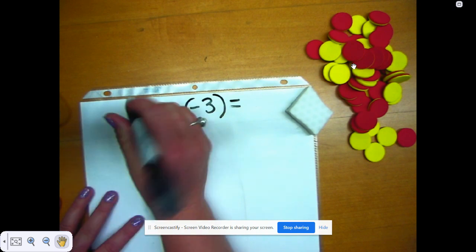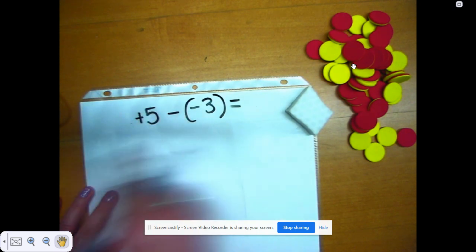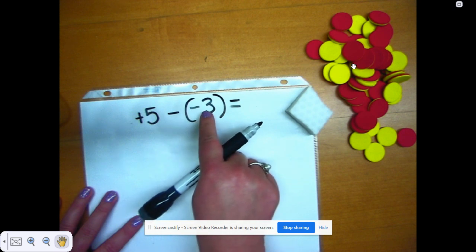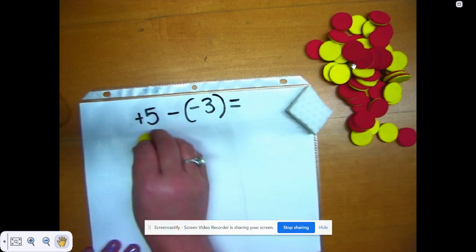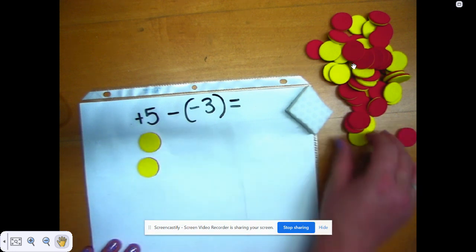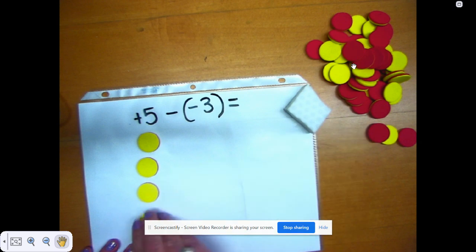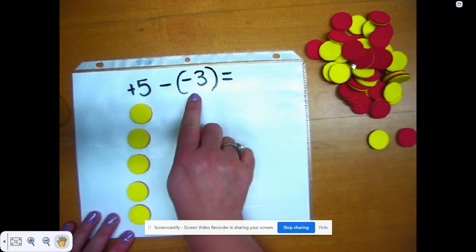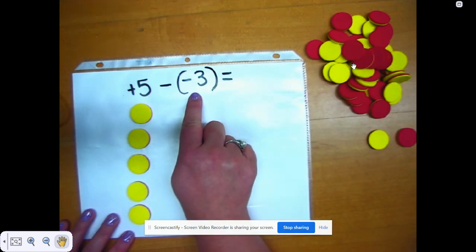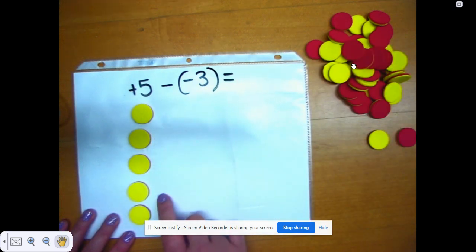This says positive 5 minus negative 3. So let's model that. If I have positive 5 and it wants me to take away 3 negatives, I don't have any negatives, do I? There's no negatives here for me to take away.